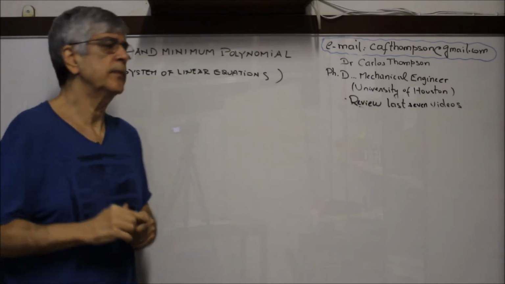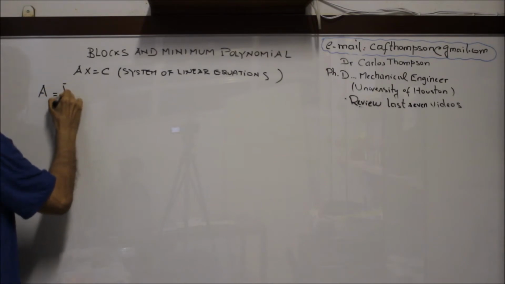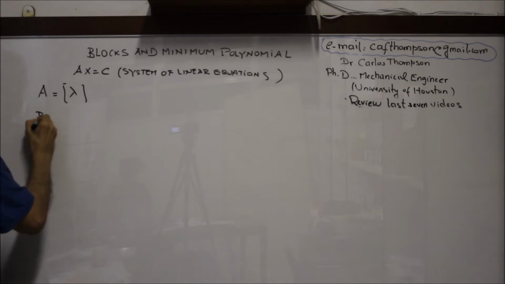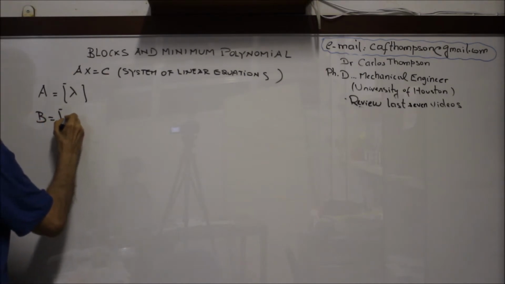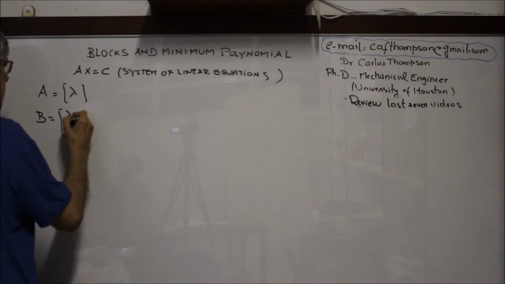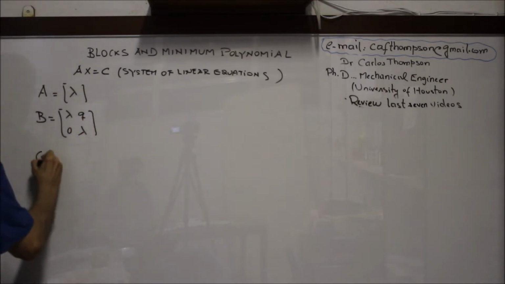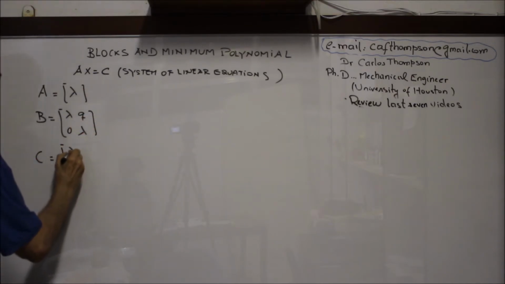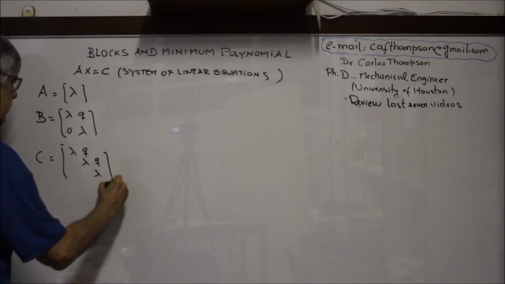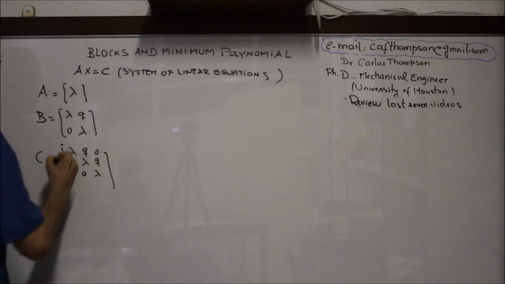It's not difficult. Consider a matrix A. This is lambda. A matrix B is lambda, and let's put Q. This is C, is lambda, Q, and Q. This is 0, 0, 0, 0, and 0.